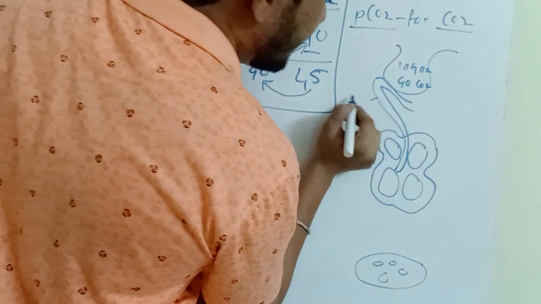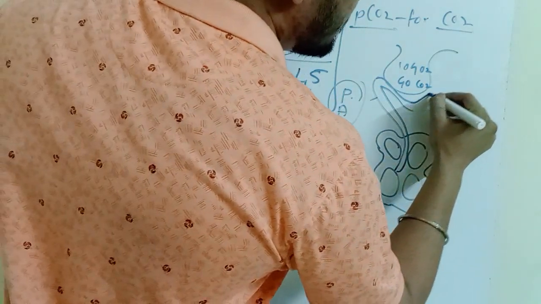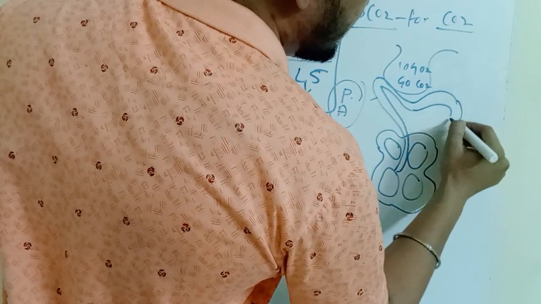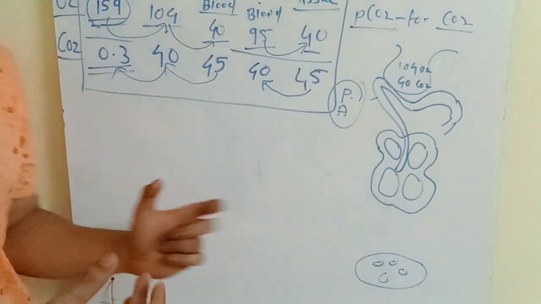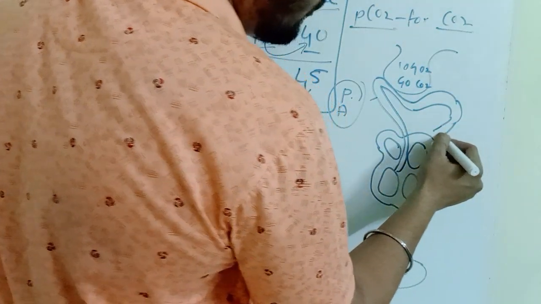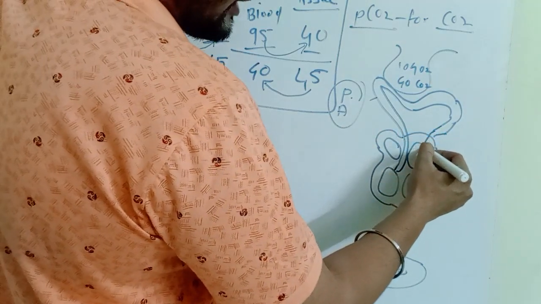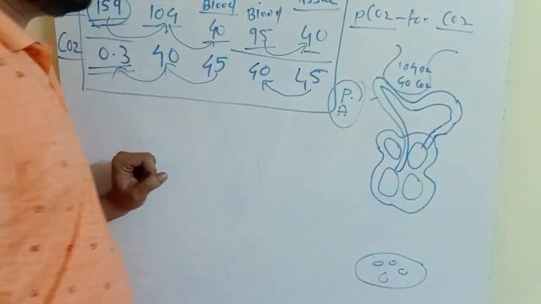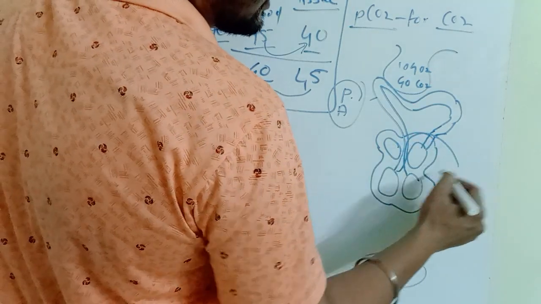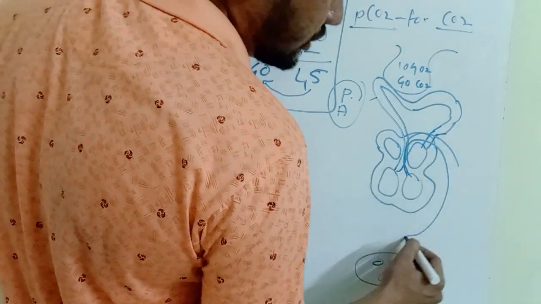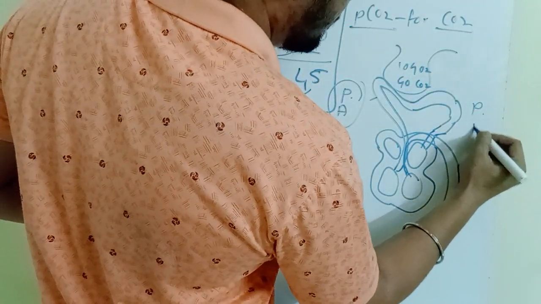And this is the pulmonary vein. It brings oxygenated blood to the heart. From the pulmonary vein, the oxygenated blood goes inside this auricle, and then from the ventricle the oxygenated blood goes to the tissues.